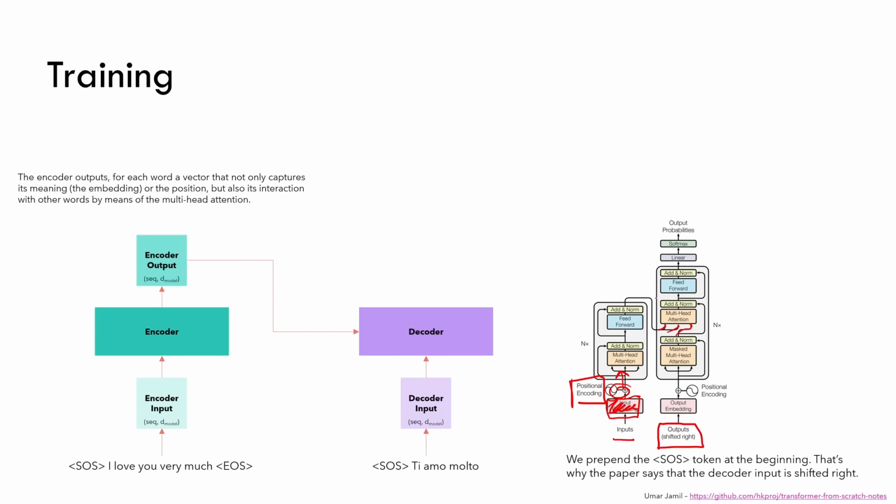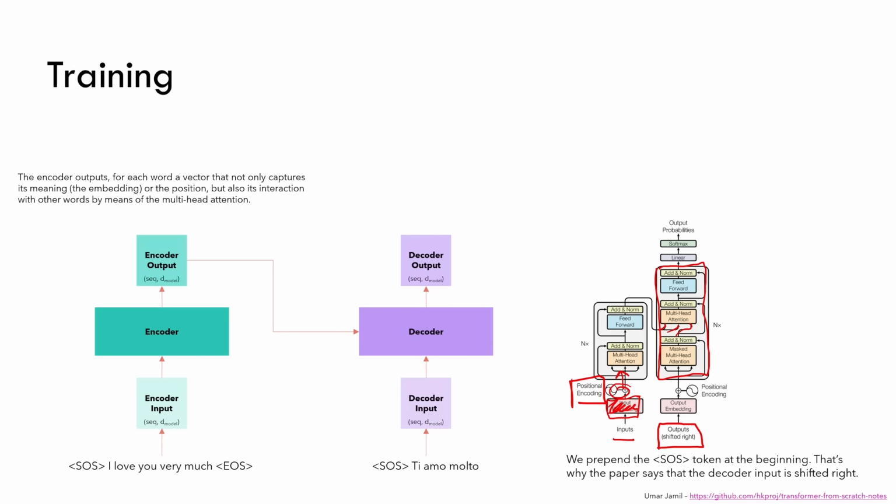The output of all this big block here will be a matrix that is sequence by D model, just like for the encoder. However, we can see that this is still an embedding, because it's a D model, a vector of size 512. How can we relate this embedding back into our dictionary?